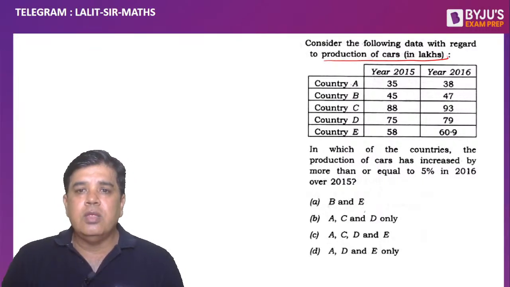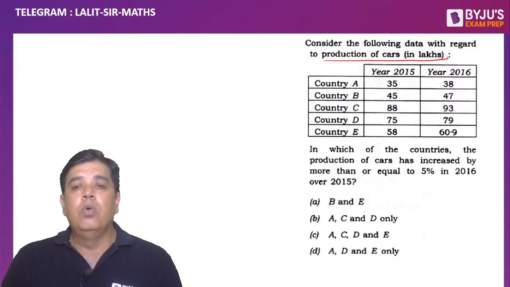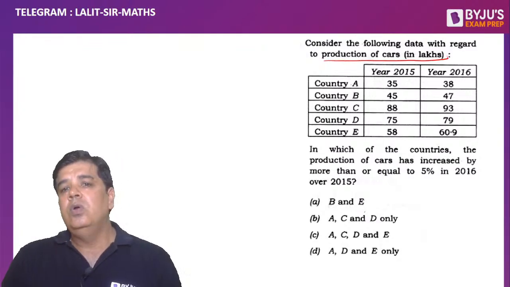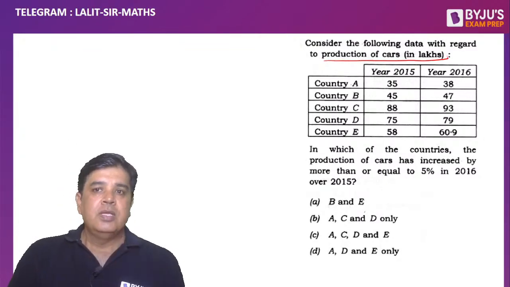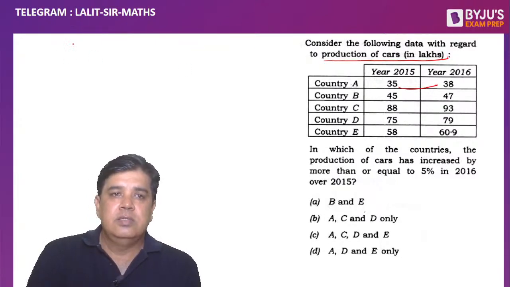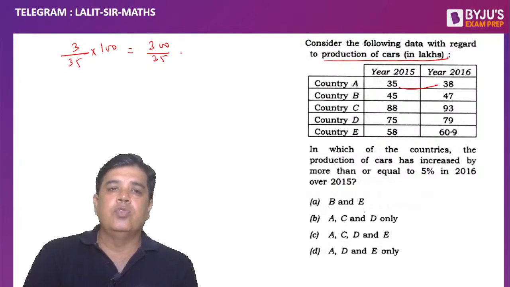The question is, in which of the countries has the production of cars increased by more than or equal to 5% in 2016 over 2015. So see how much is the increase. Increase is 3 on 35, right? So is this increase more than 5%? We have to check this.